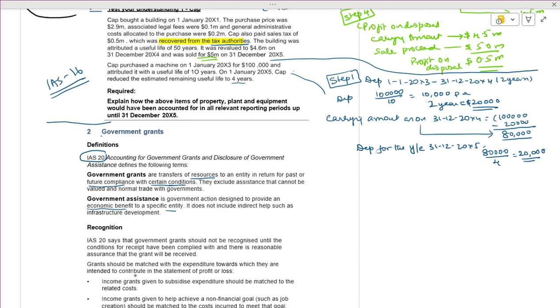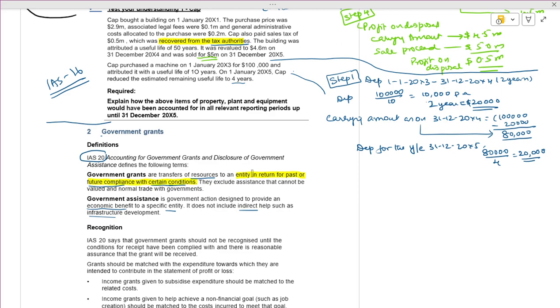It does not include indirect help such as infrastructure development. It means, very specifically, in return for past or future compliance with certain conditions.